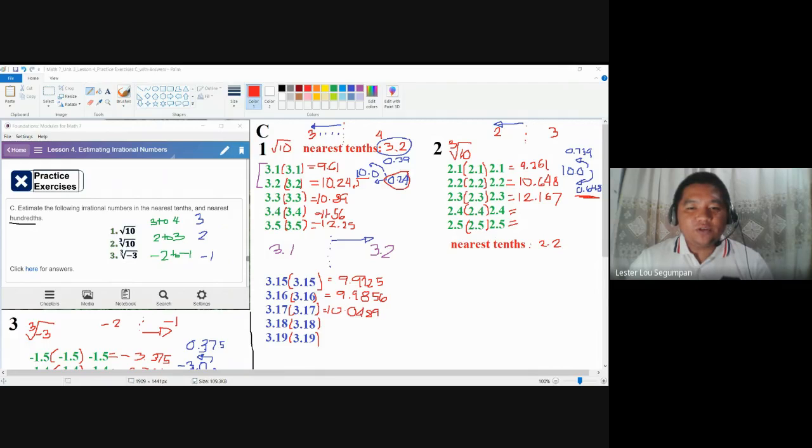We may also use 3.18 if you want, but as you can see, it will also result in a number greater than 10. It is 10.1124. You need not continue with 3.19 because our target is just 10, and 10 is already here.